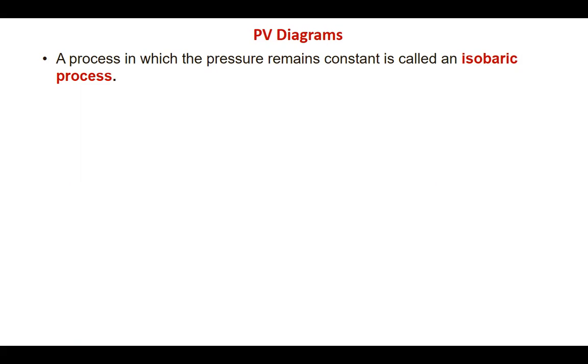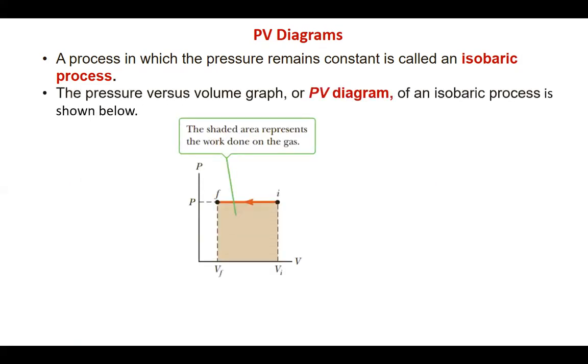So when, for instance, you have an isobaric process like this one, and they ask you to calculate the work of this entire process, you simply find the area under the curve.